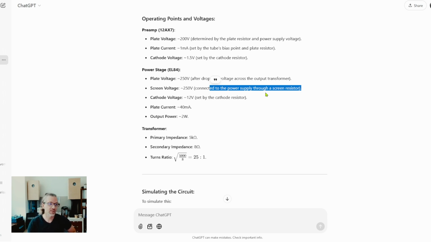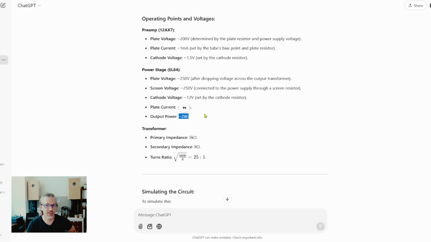Now, what this means is that it's in pentode mode, so not connected to the anode, that would be triode mode. Connected to power supply means pentode mode, so it suggests that it's running in pentode mode.